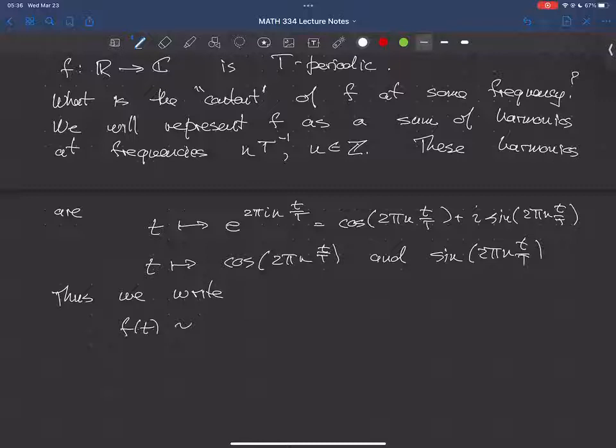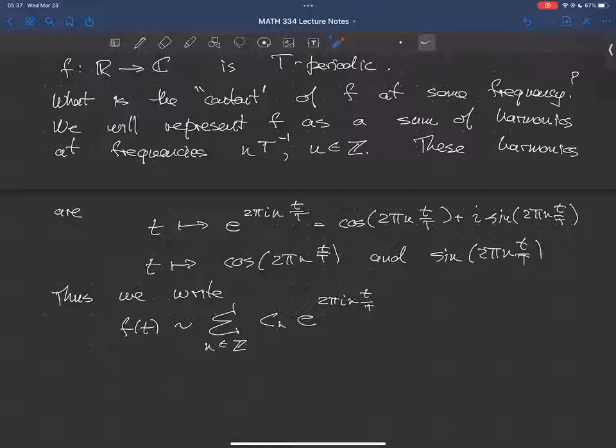and I'm not going to put an equals sign here because that doesn't quite make sense. Okay, so the idea is you want to write, as I say, f as a linear combination of these harmonic signals.